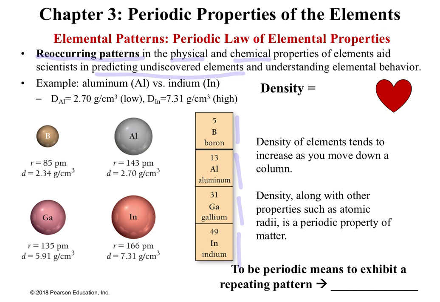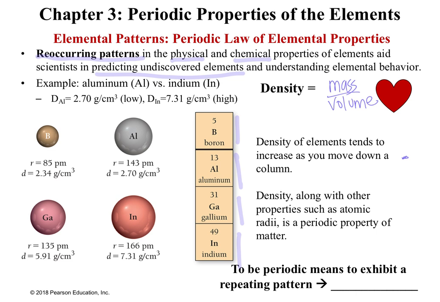And as you go down the periodic table, you tend to see that the density increases. As a reminder, density is mass over volume. And so one of the trends is that as you move down a column, the density increases.